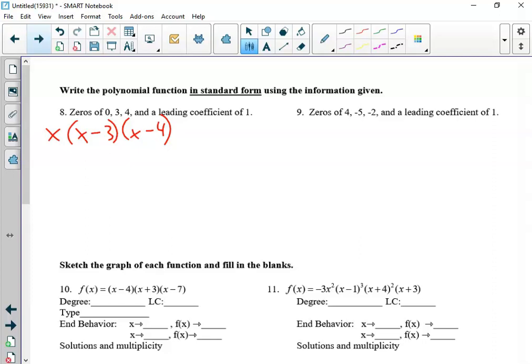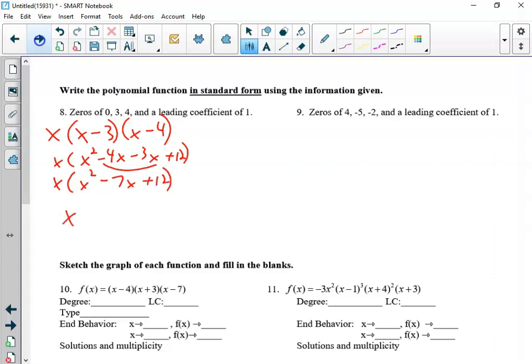Now, you have choices here. You could send the x in and then FOIL, or you can FOIL and send the x in. I'm going to FOIL first and get x squared minus 4x minus 3x plus 12. Now, you can send the x in now or simplify. I'm going to simplify first. X squared minus 7x plus 12.